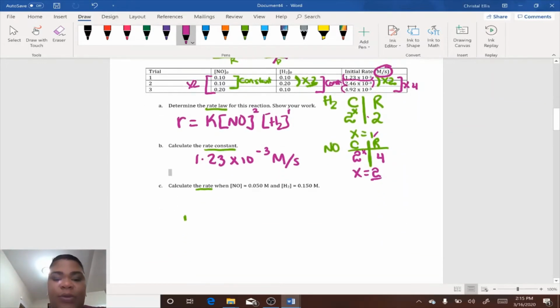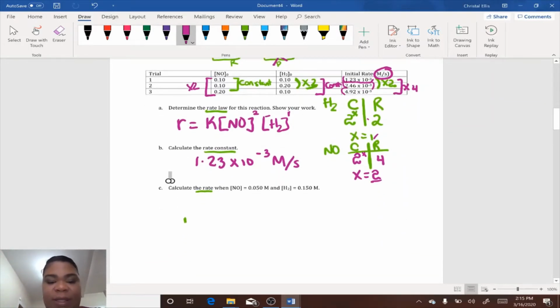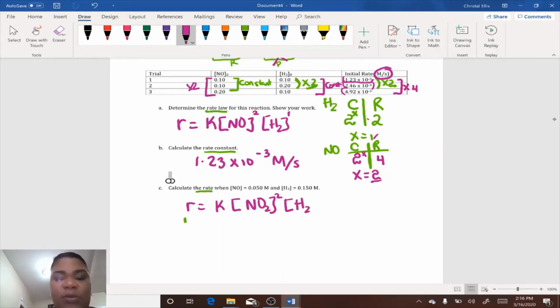For question number 3, it says calculate the rate when NO is equal to 0.050 molar concentration and the concentration of H2 is equal to 0.150 molar concentration. So if we have the formula, rate is equal to K, concentration of NO raised to the second power, concentration of H2 raised to the first power, all we have to do is substitute in our values.